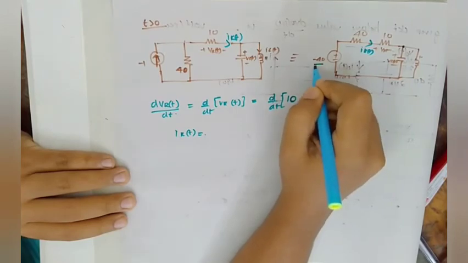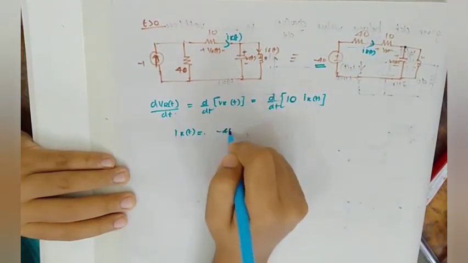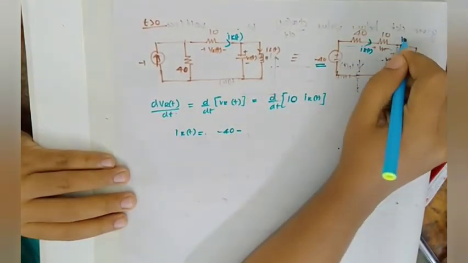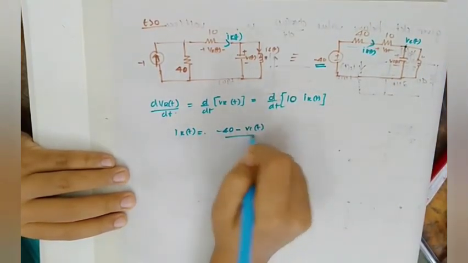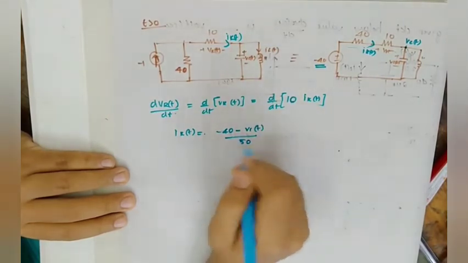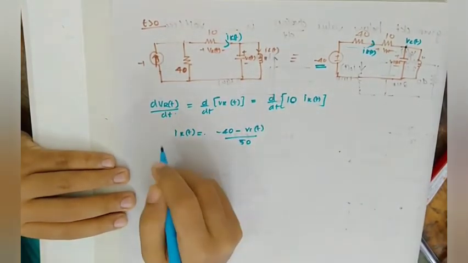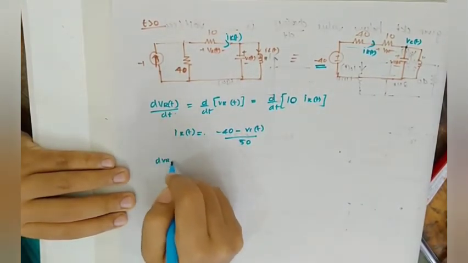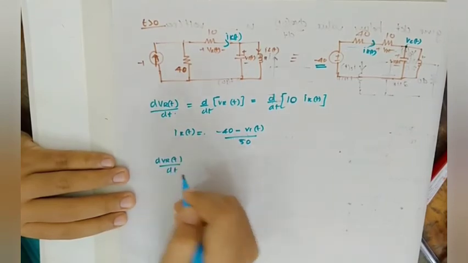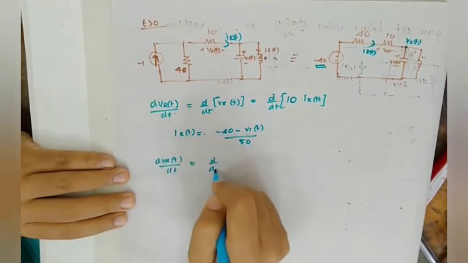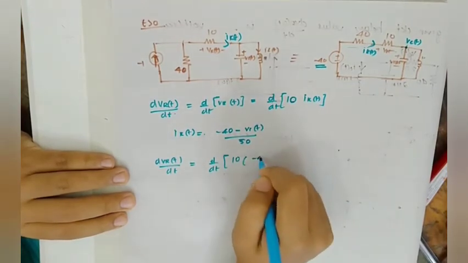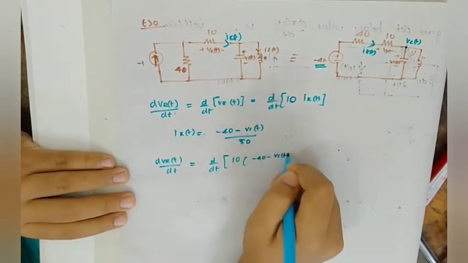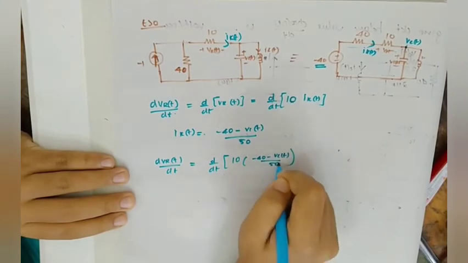So that is the voltage across minus 40 minus the voltage over here, that is Vc of t, divided by the total resistance, which is 50. So I can write dVR of t divided by dt equal to d by dt of 10 into, instead of IR of t, 40 minus Vc of t divided by 50.